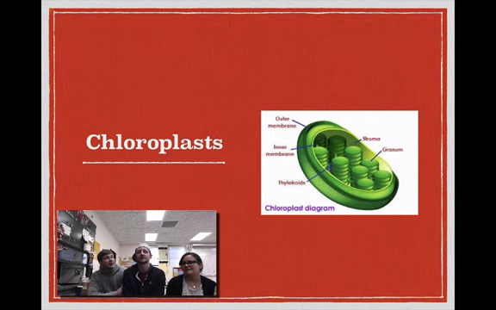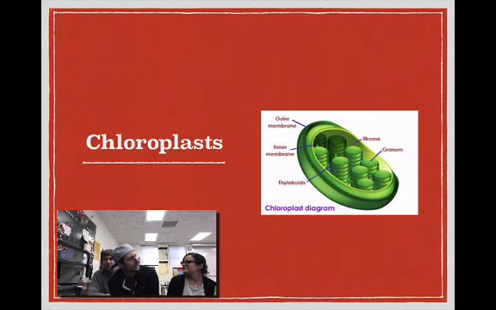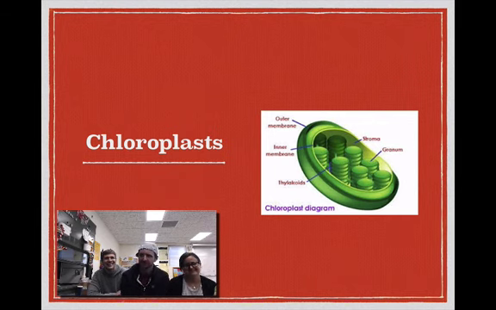Protists. Some bacteria? Wait, no, they don't have chloroplasts. They do it in another way. So we find this in plants and protists, and that's it. Not in animals.